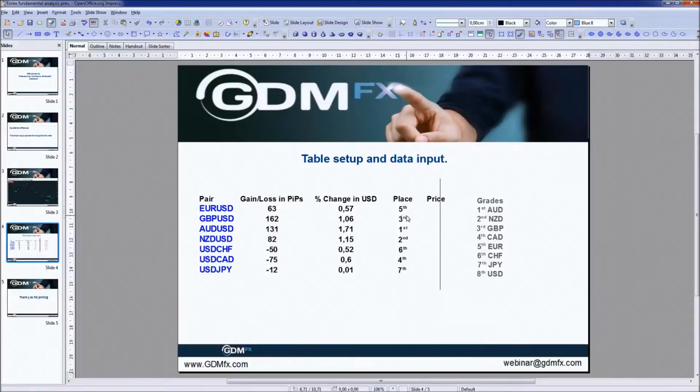But it comes in third place instead of the Aussie, which made 131 pips and came in first place. Of course, that really depends on the price that you're getting, and this is the price versus the US dollar. So the bottom line, when you draw the line here, this is what you have to remember. When you're picking your currencies, they have to have an underlying currency which you compare it to, so you can get the actual price in whether it's US dollars, whether it's Japanese yen.